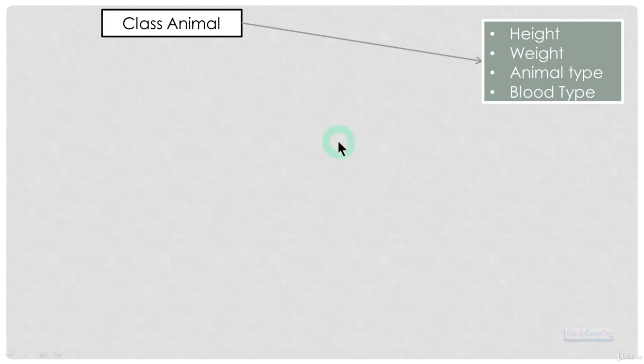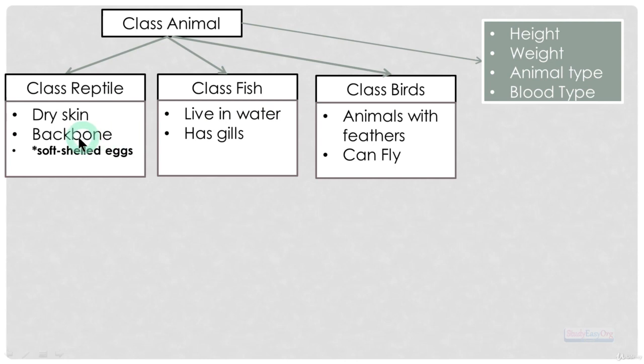Now, moving forward, we will have the various categories of animal, for example reptile, fish, and birds. Now there are different types of properties. For example, reptiles have dry skin, a backbone, and the majority of reptiles have soft-shelled eggs, right?